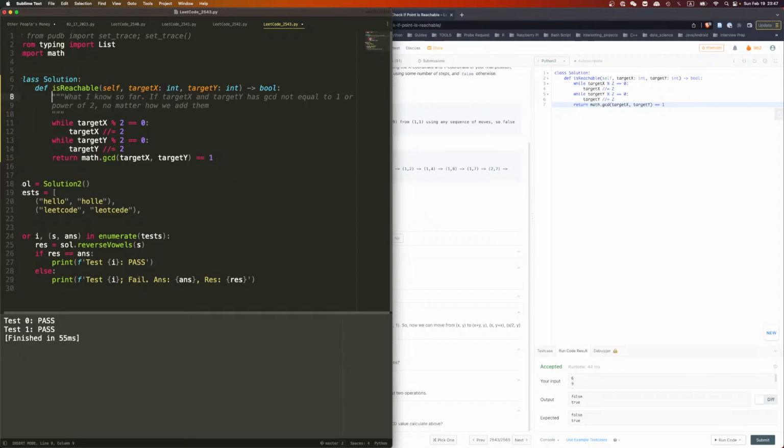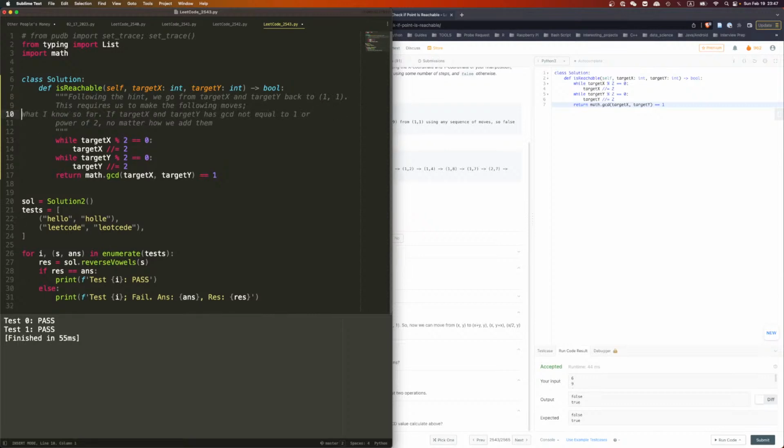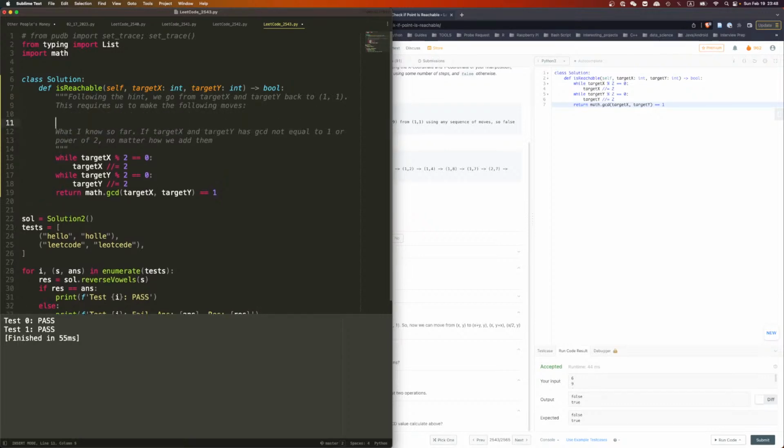First of all, following the hint, go from target x and target y back to 1, 1. This requires us to do x plus y to make the following moves: x plus y, y; x, x plus y; x divided by 2, y; and x, y divided by 2.